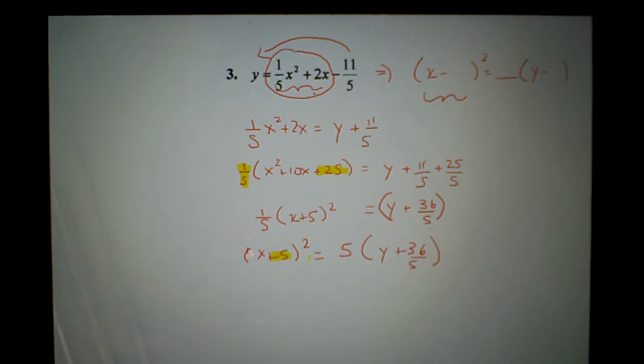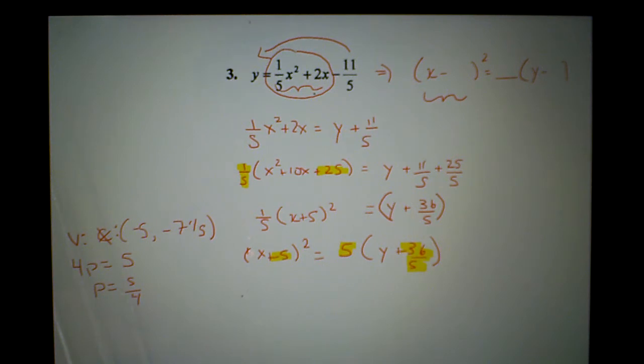X coordinate of the vertex, y coordinate of the vertex, 4p. Center, -5, -7 1/5. Whoops. Vertex. 4p is equal to the dilation factor in front of the linear group. So 4p is equal to 5. Therefore, p is equal to 1 1/4.